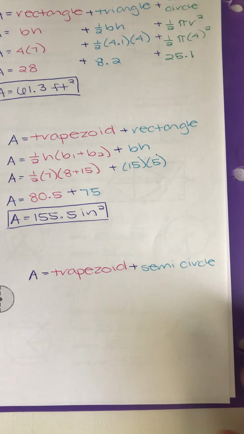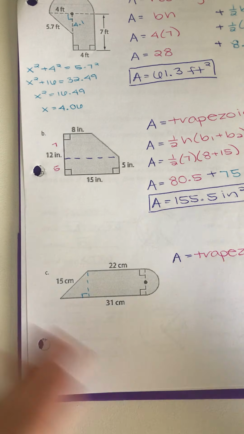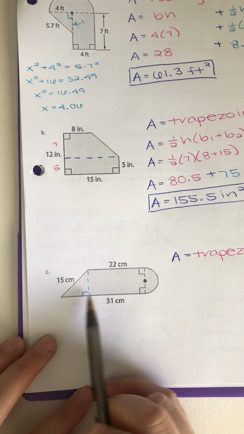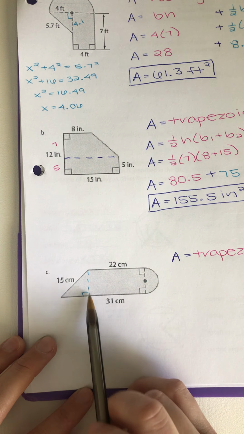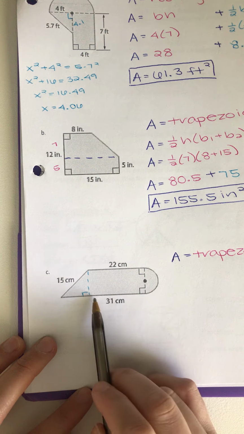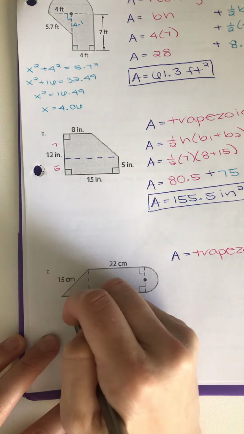But I can't find the height without doing a little Pythagorean theorem there. If this whole thing is 31 from here over, and this part is 22, then the difference here would be 9, because 22 plus 9 equals that whole thing of 31.